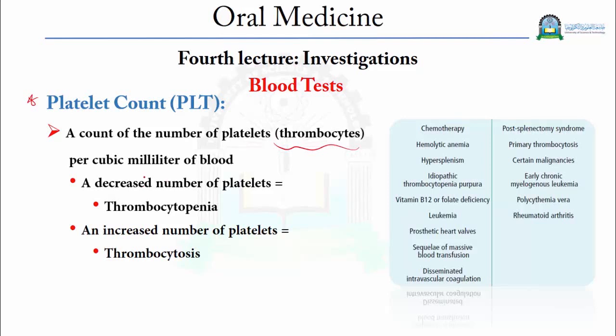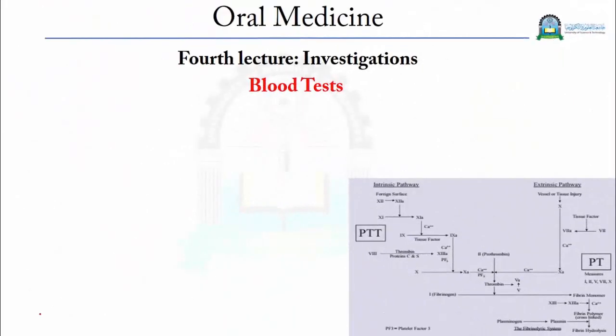A decreased number of platelets can be found in thrombocytopenia, and an increase we call thrombocytosis.